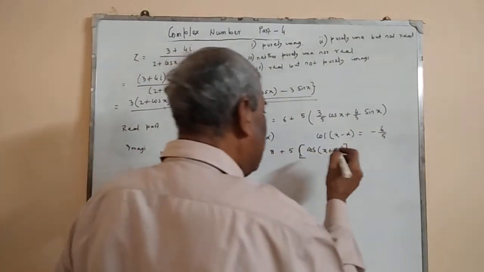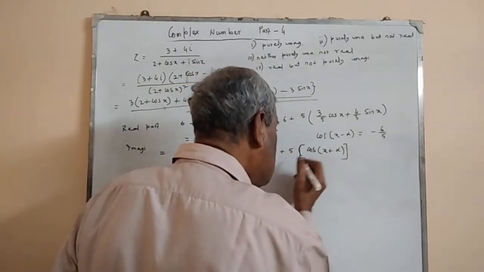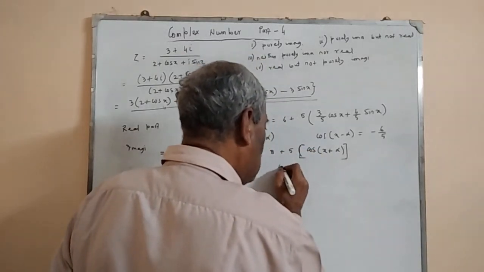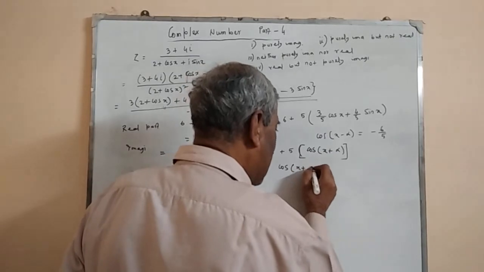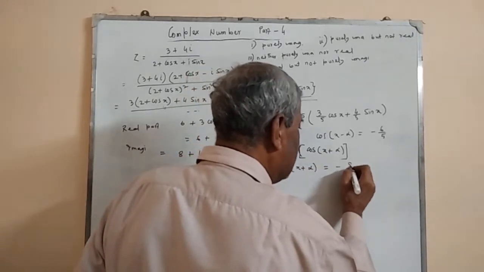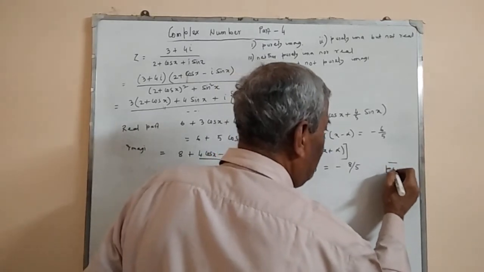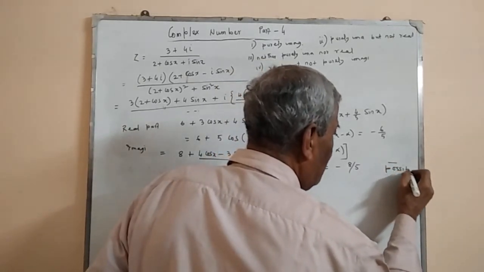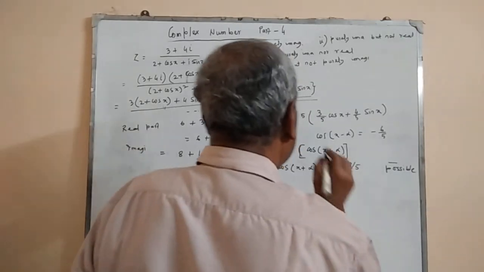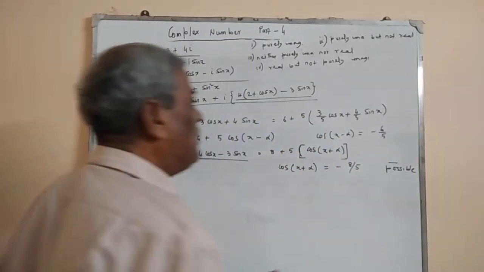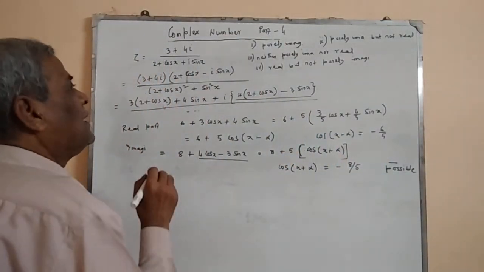But if it is 0, then cos of x plus alpha is equal to minus 8 by 5, which is not possible. So its imaginary part cannot be 0.